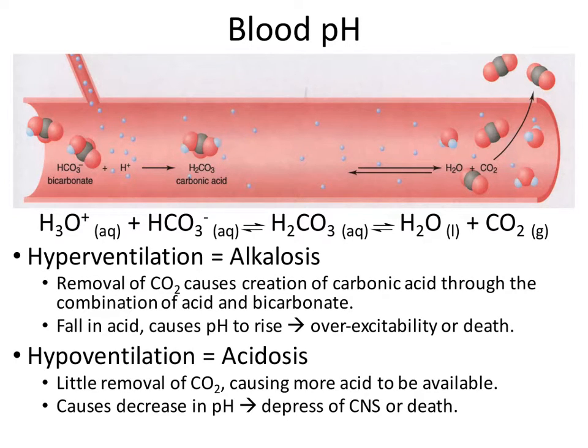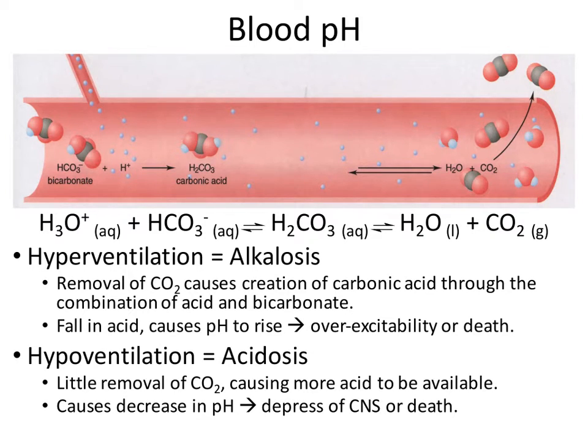Now, if we hyperventilate, that means that we're actually removing a lot of CO2. If we remove a lot of CO2, well, Le Chatelier's principle suggests that the equilibrium will shift in a way to produce more CO2. So that means that carbonic acid is going to break down into H2O and CO2, and that also means that if I need to break this down, I first need to create it.